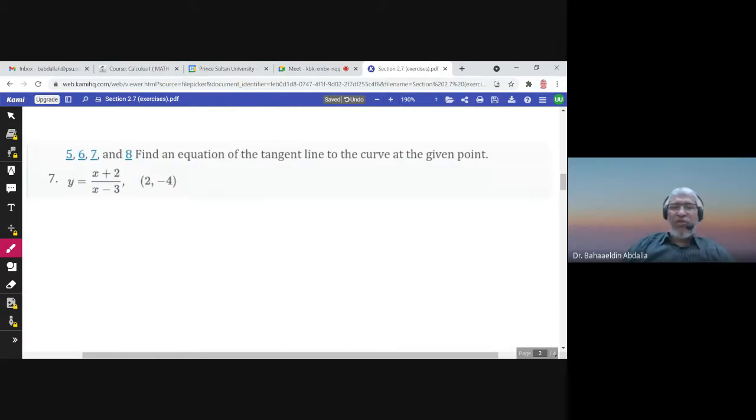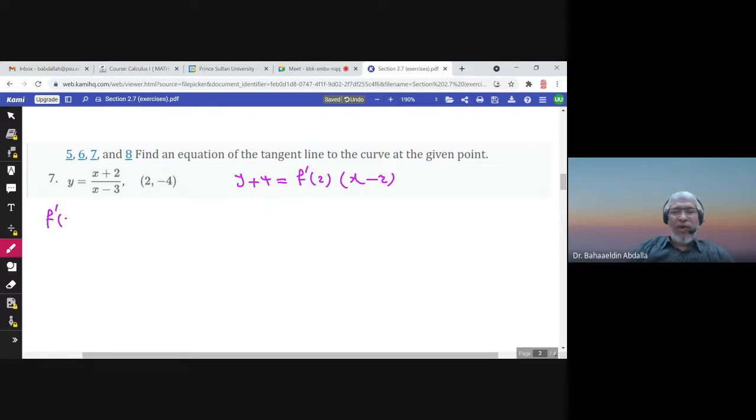Find an equation of the tangent line to the curve at the given point. Okay, it is y plus 4 equals f prime of 2 times x minus 2. So all that I need to find is f prime of 2.